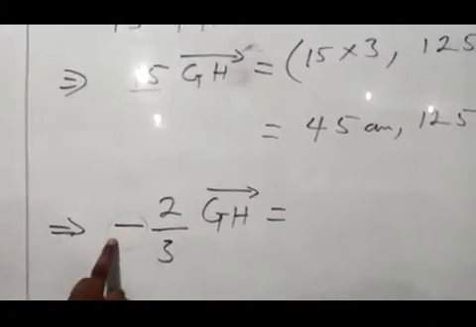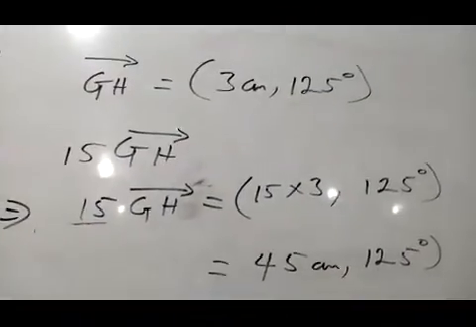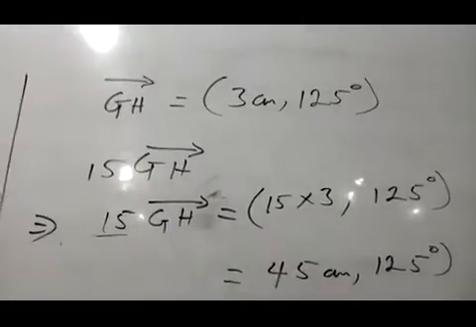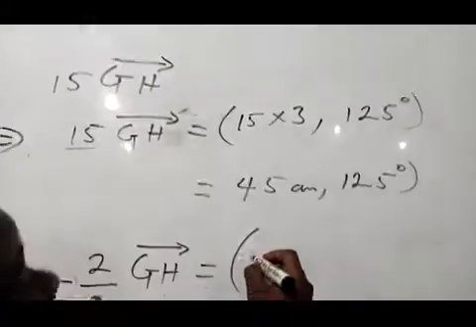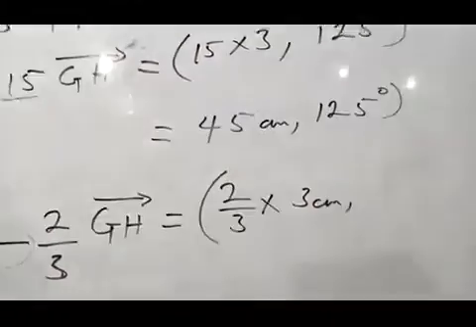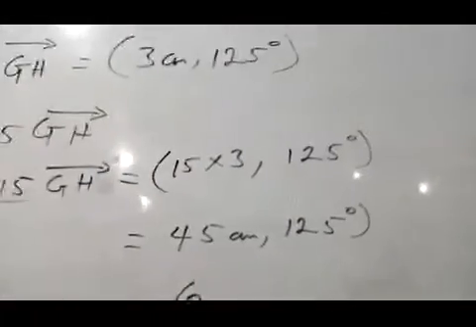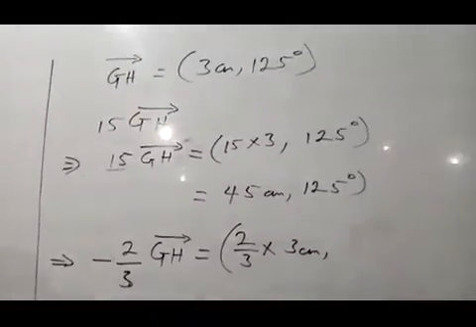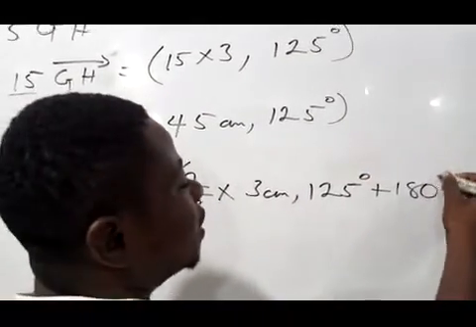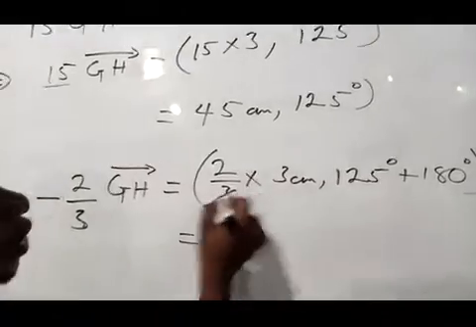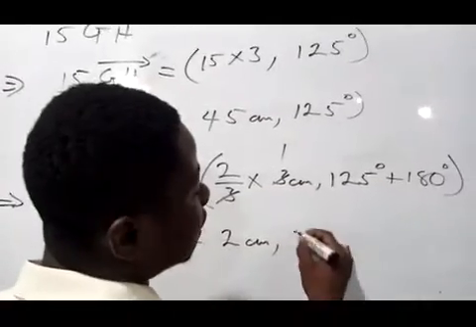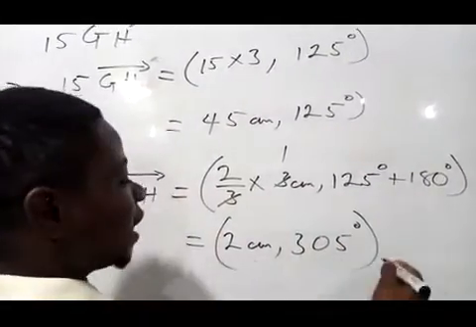The negative will affect the direction, while the number affects the distance. So it is going to be 2 over 3 times 3 centimeters, and you see the bearing is less than 180 degrees, so it means you are going to add 180 to it. So it's going to be 125 degrees plus 180 degrees. So we have 2 centimeters, and then 125 plus 180 is 305 degrees, and that is your outcome.